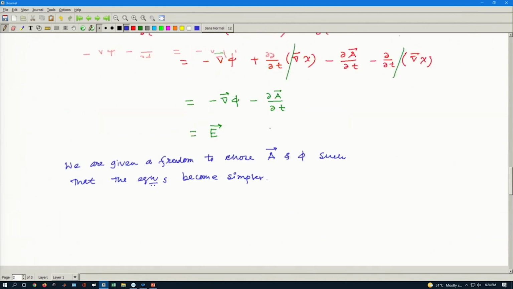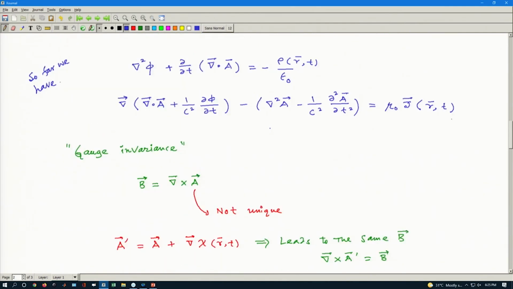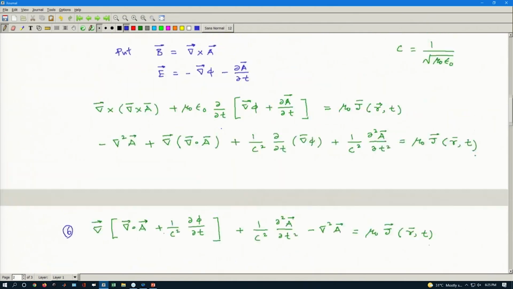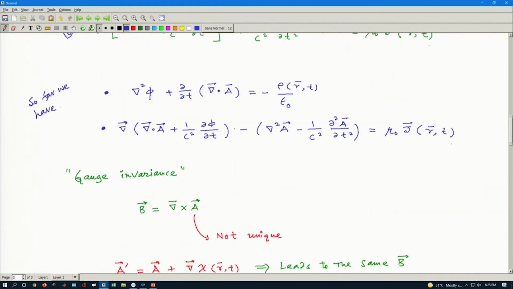So, whatever the equation we had here, these two equations written here, this one and this one, I need to in fact solve to find out A and phi, and once we solve for A and phi, then I can use these two equations again to find out my E and B. That is the strategy.